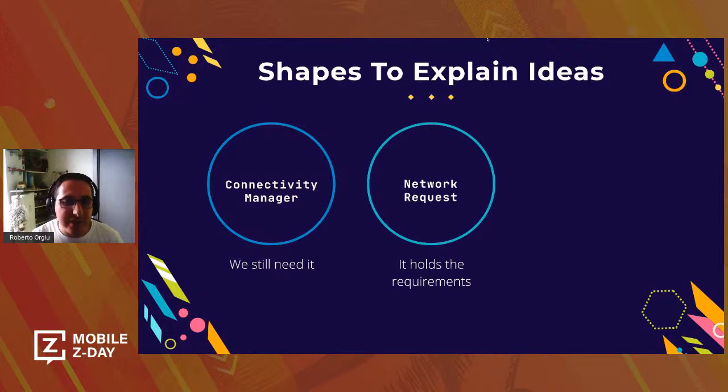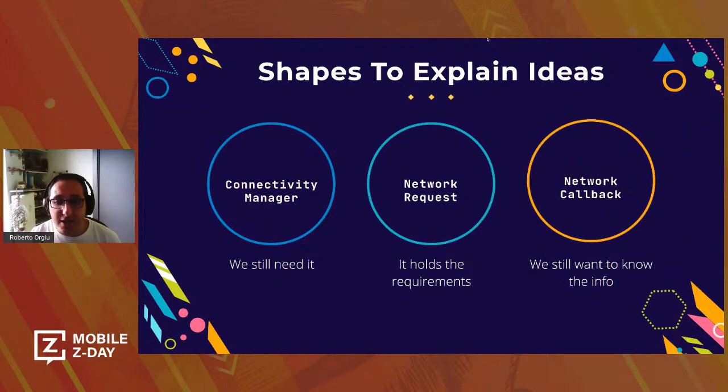These are all the requirements that the network request will be holding for us. The last step is a network callback, because this will be invoked whenever a change in the requested network will appear, whether we are connecting or disconnecting from it, because we might want to know both of them.